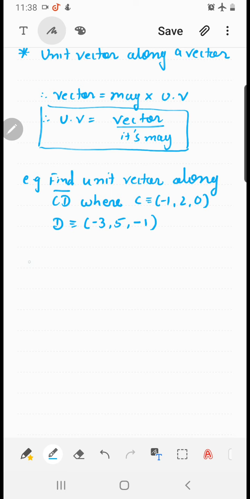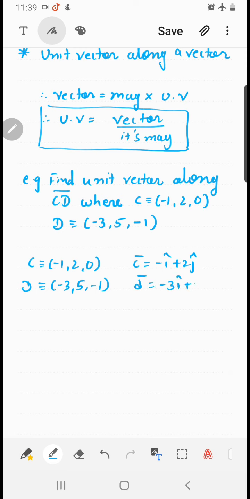Just like the previous sum, let us take C, the value of C is minus 1, 2, 0. I will get C bar, which is minus i cap plus 2j cap, there is no k component. Next, let us take D, minus 3, 5, minus 1. Let us convert it to D bar, which is minus 3i cap plus 5j cap minus k cap.